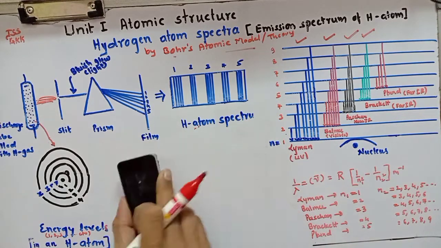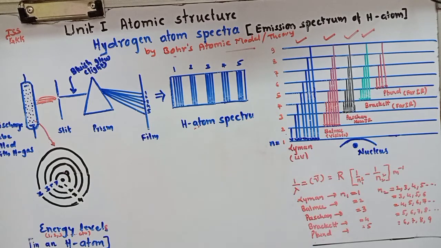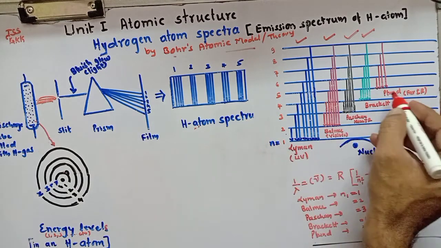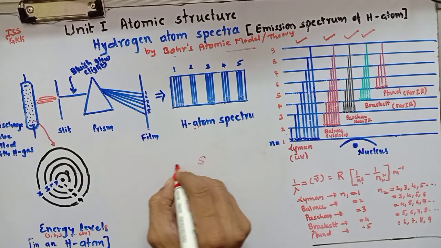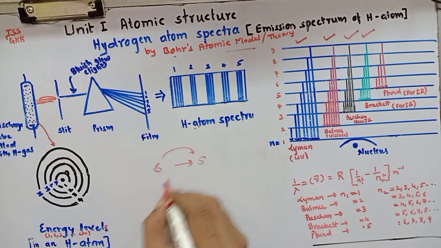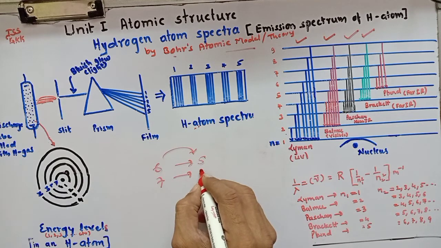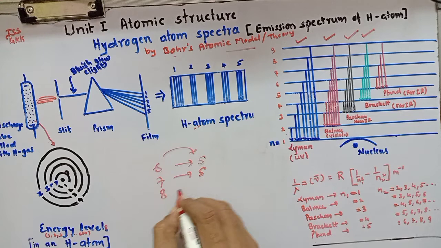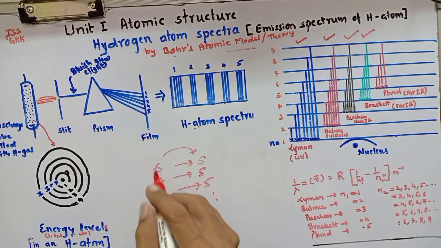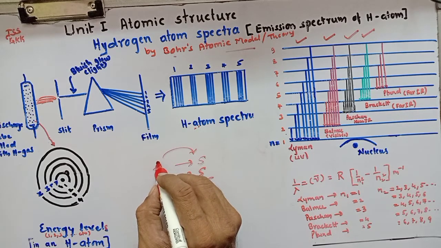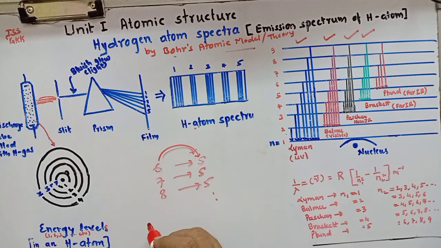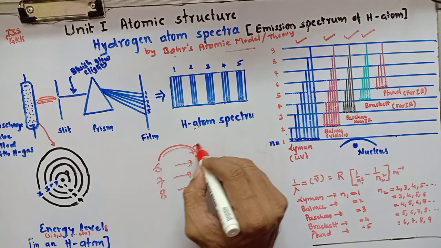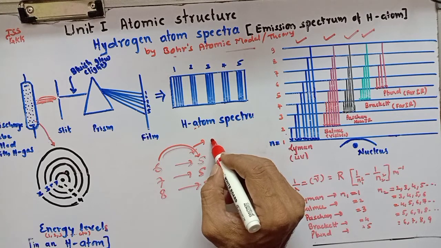Now the electronic transitions which will produce the Pfund series of spectral lines can be represented as 6 to 5, 7 to 5, 8 to 5, and so on. If an electron present in the 6th energy level, the 6th orbit, jumps to the 5th energy level, that will produce the first Pfund spectral line.